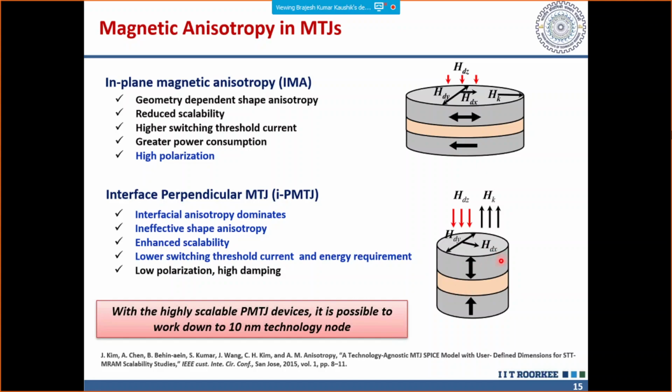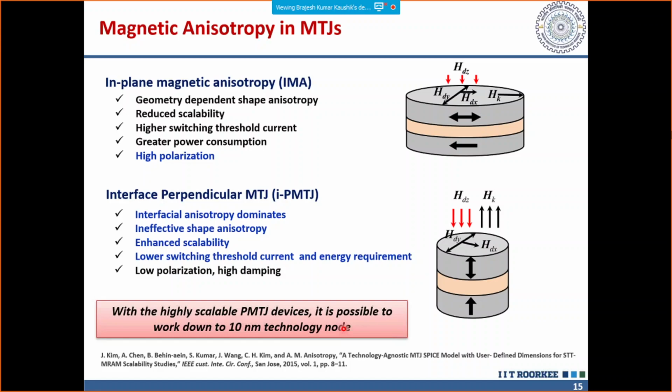The very reason behind that is they can be scalable up to something like the 10 nanometer technology node. So if you're able to scale them down to the 10 nanometer technology node, it's really useful to integrate with your CMOS as well.